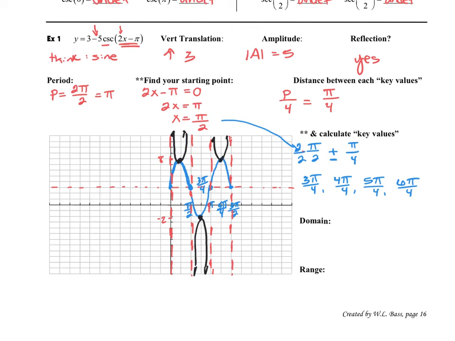Now, the domain of this cosecant graph is going to be x such that x is not equal to, and what we want to do is grab an asymptote. We can see we have an asymptote here at 0. We could grab this pi over 2 if we wanted. I'm going to choose to grab the 0. So this is going to be any asymptote. Always try to pick one close to 0 if you can.